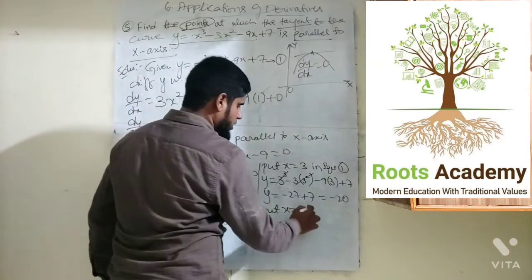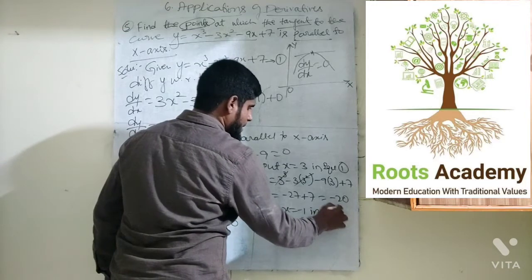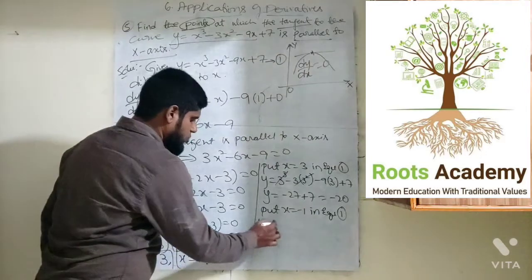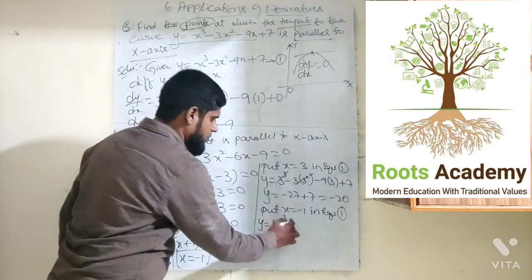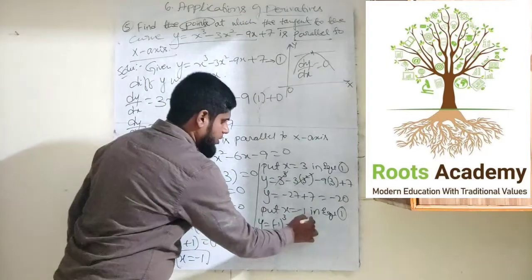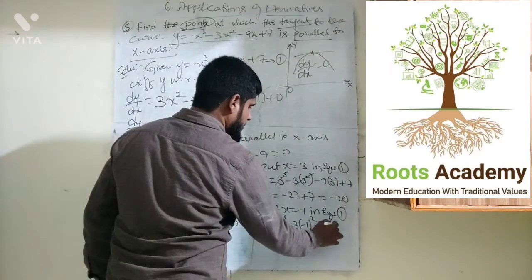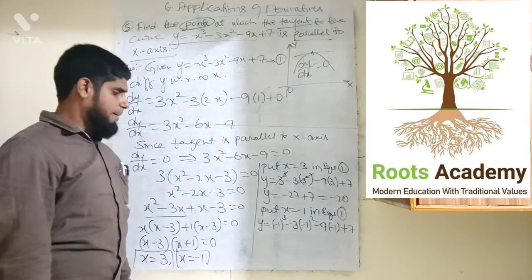Put x is equal to minus 1 in equation 1. So y is equals to minus 1 whole cube minus 3 into minus 1 whole square minus 9 into minus 1 plus 7.